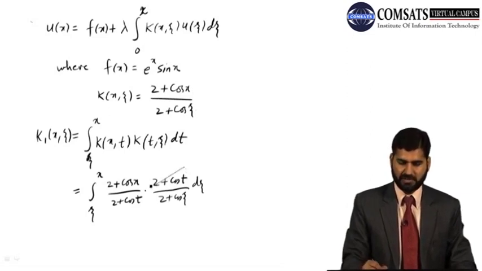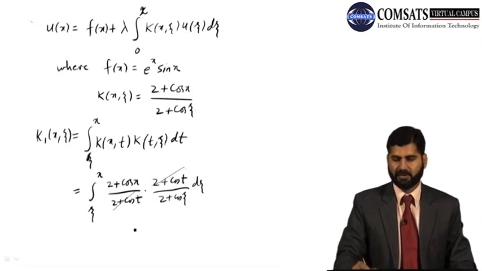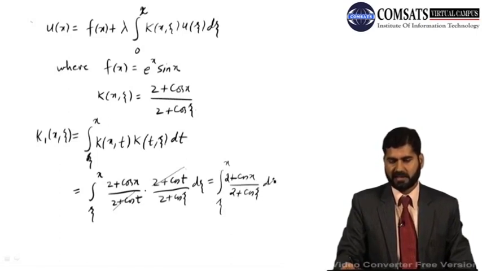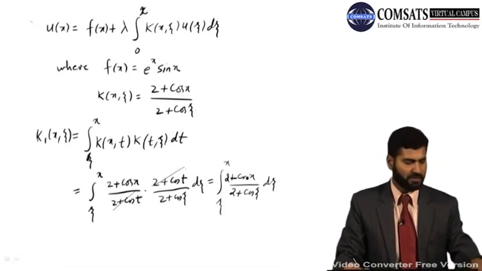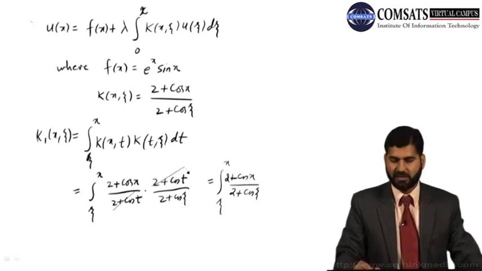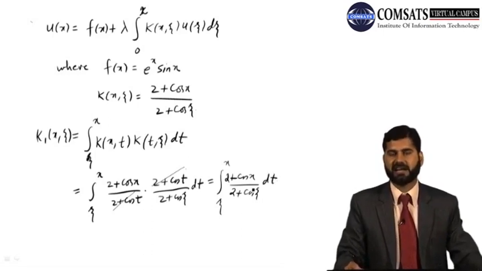So now you see this 2 plus cosine t is cancelled. Right? So you are left with the integral from xi to x of 2 plus cosine x over 2 plus cosine xi dt. You are integrating with respect to t, so 2 plus cosine x and 2 plus cosine xi are constants, and there is no t inside anymore.